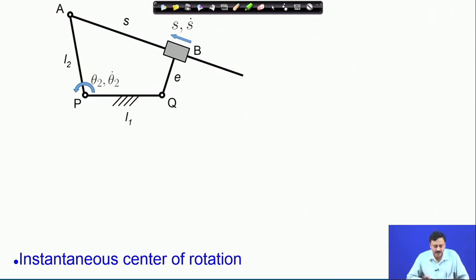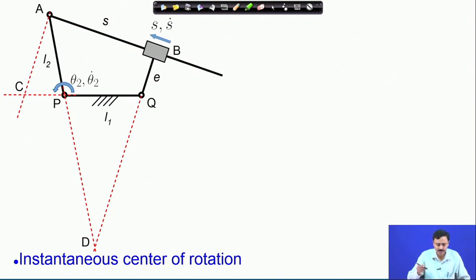Previously we had discussed the instantaneous center of rotation. We had seen that we can determine these two instantaneous centers of rotation. This instantaneous center of rotation is I 1 3. Let me again number: this is 1, this is 2, this is link 3 and this is link 4.